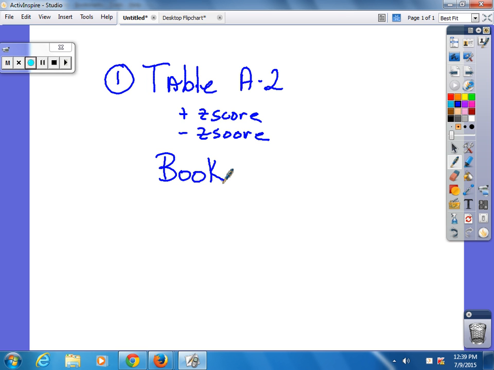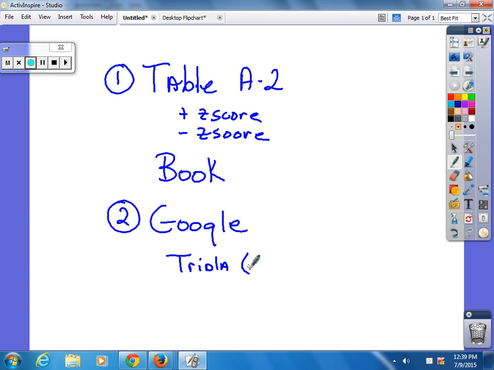That's one way. The second way is to go to Google and type in Triola. Somebody tell me what edition we own. Look at your book and tell me what edition. Is it 12th edition?